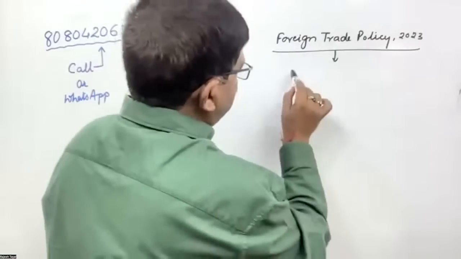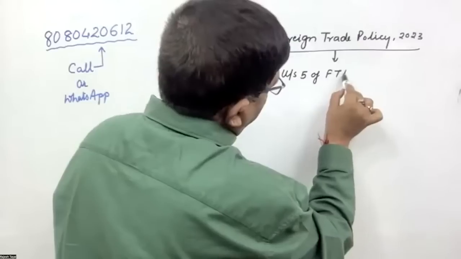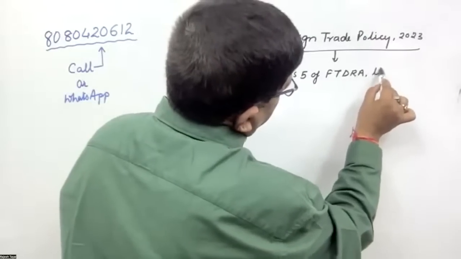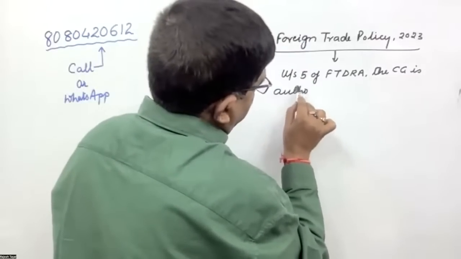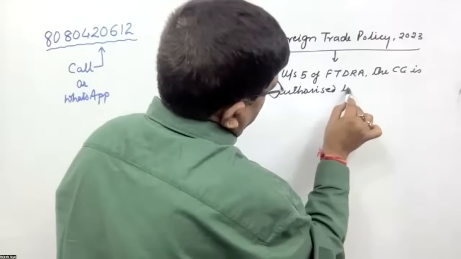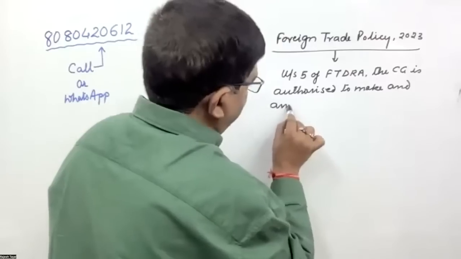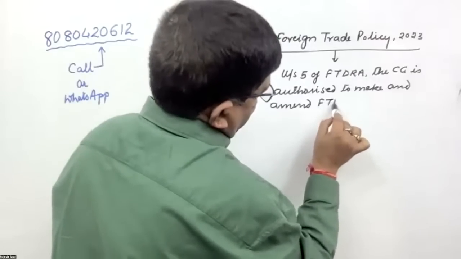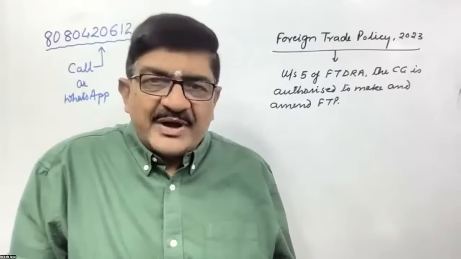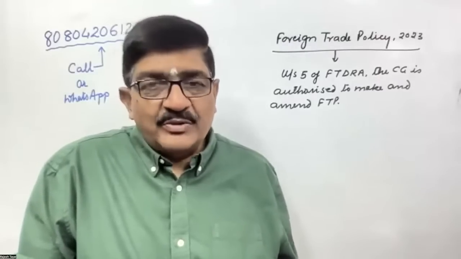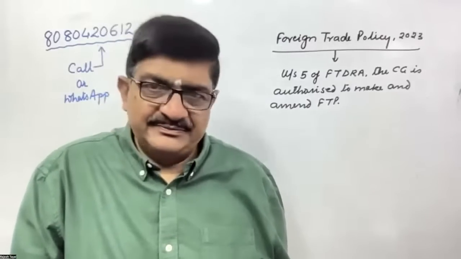So under section 5 of FTDRA, the central government is authorized to make and amend the foreign trade policy. So not only power to make, power to amend is also there with the central government, and that comes from section 5 of the Foreign Trade Development Regulation Act.